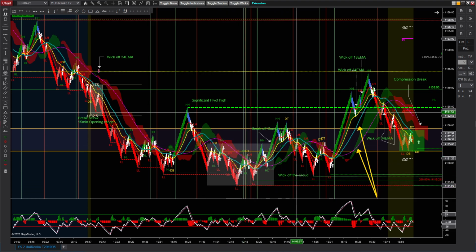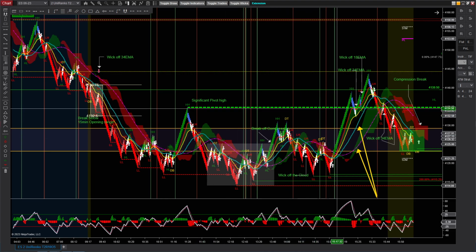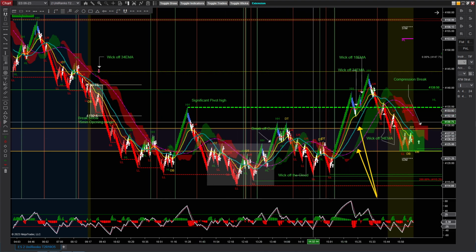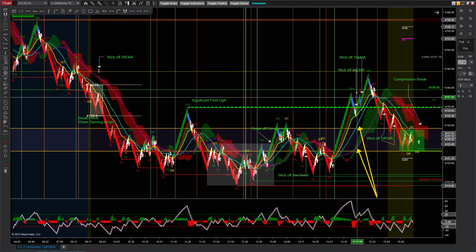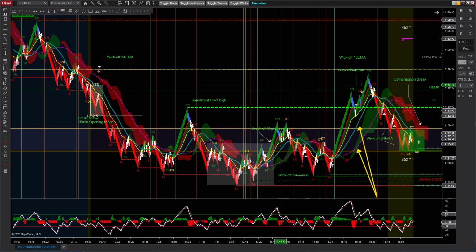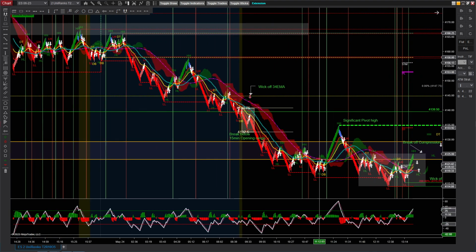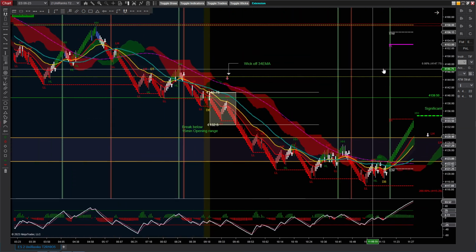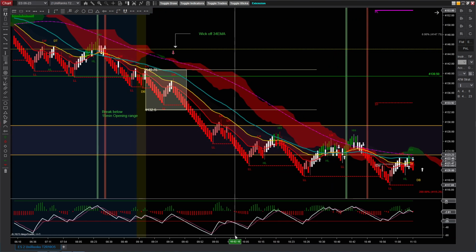So this area is a risk area now after this move, and what I was waiting for was a move outside of this resistance area to become support. I'm going to show you what I thought when I took a trade right up here. There's a good opportunity that I left on the table, and we're going to analyze them all.